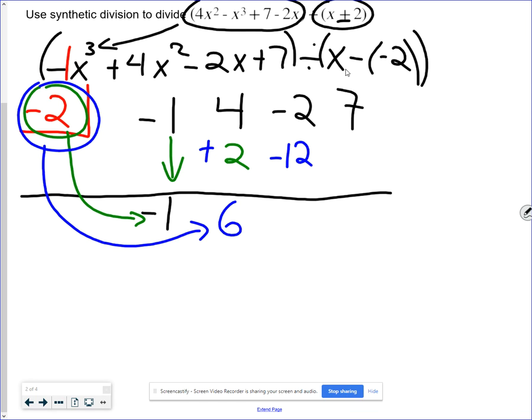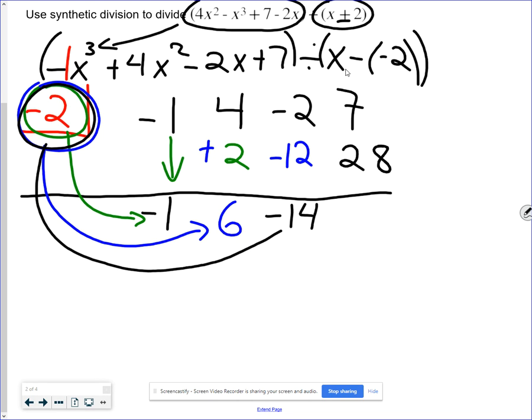So negative 2 minus 12 is negative 14. And then we'll take negative 2 times negative 14, and that is positive 28. So then we'll take 7 plus 28, and that will give us 35.